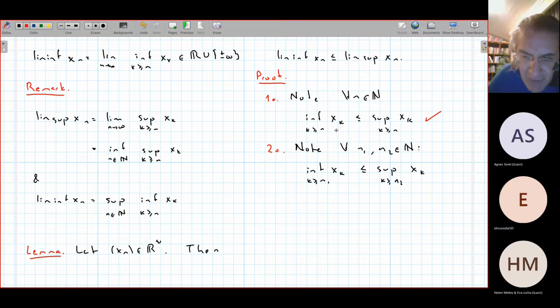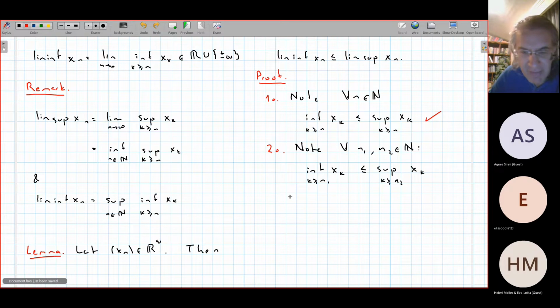Now, in the first step, we saw that this is true in the case when these numbers are the same. Right, so that's what this tells us. But now we're proving that this is true for any n1 and n2.